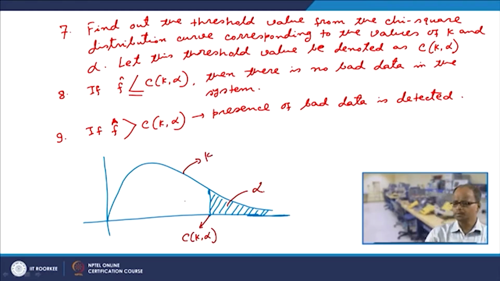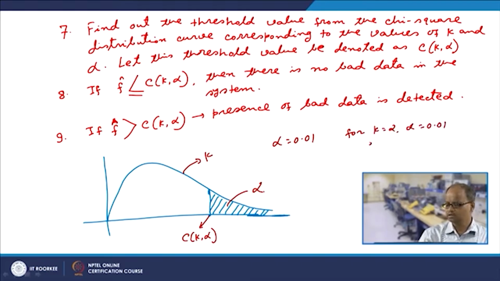So, what does it mean? Suppose alpha is equal to 0.01. In our table, for k equal to 2 and alpha equal to 0.01, C k alpha is equal to 9.21, which we saw in the last lecture. It means that the calculated value of f hat has only a 1% chance of having a value more than 9.21.